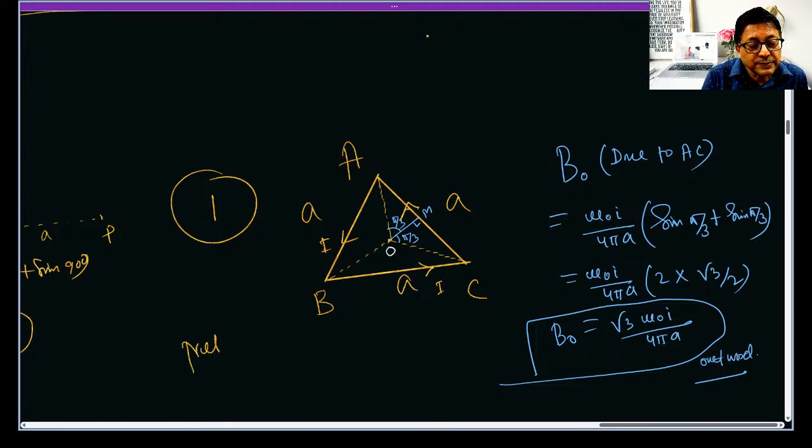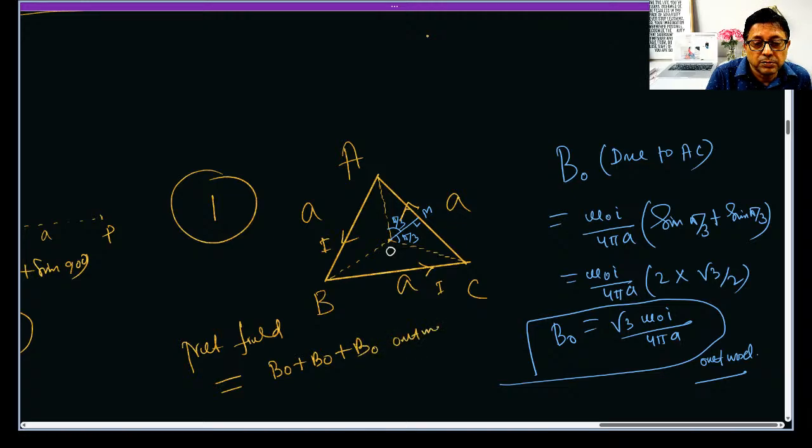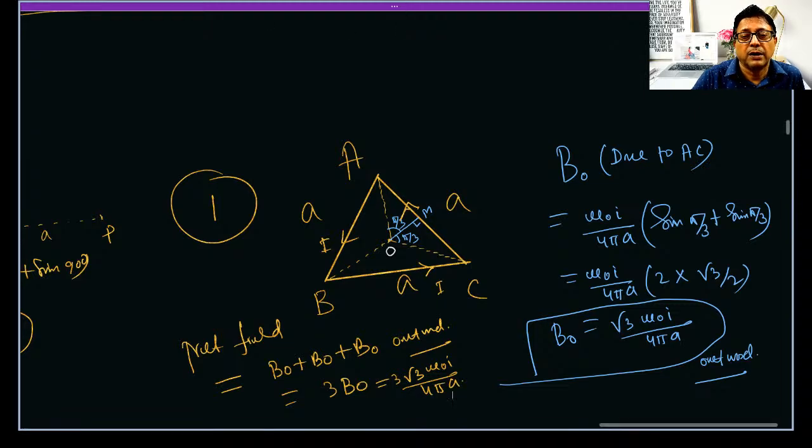Net field is due to all three sides, that B0, B0 and B0 outward. By the right hand thumb rule, you are getting 3B0, which is 3 root 3 mu 0 I by 4 pi A. Okay?